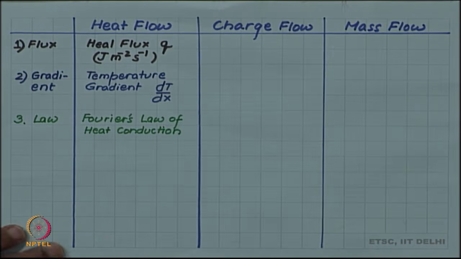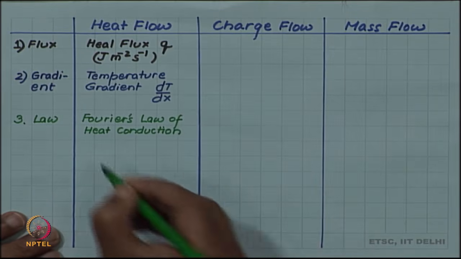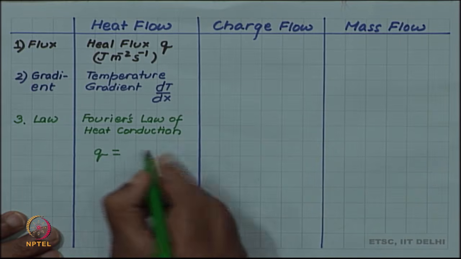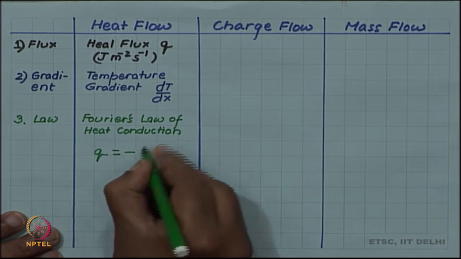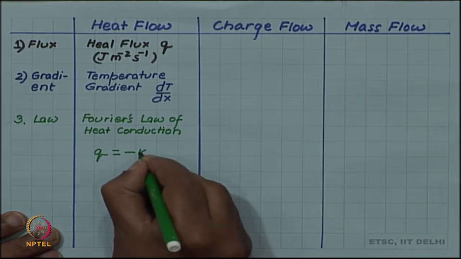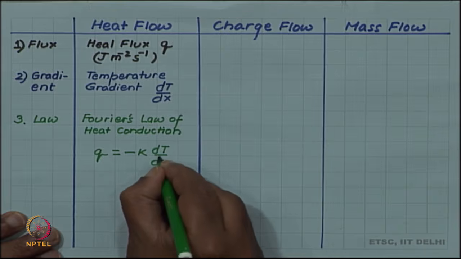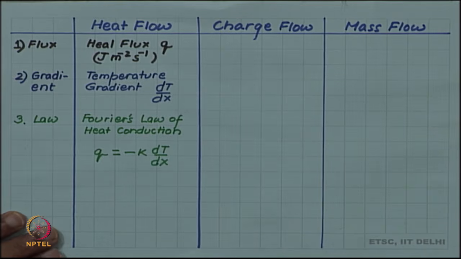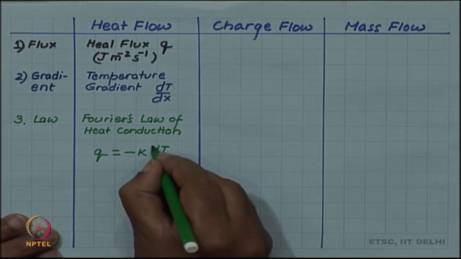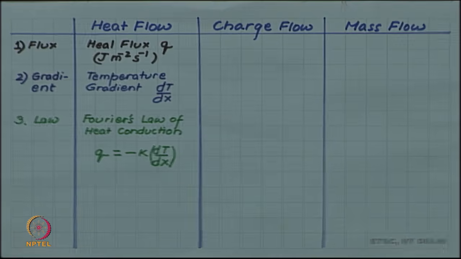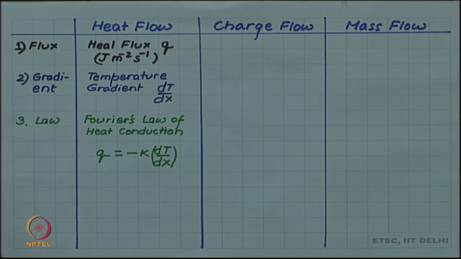That law relates the heat flux to the temperature gradient through a simple expression, Q is equal to minus kappa dT by dx. So, essentially it is saying that the heat flux is proportional to the temperature gradient, and the proportionality constant kappa is our material property.